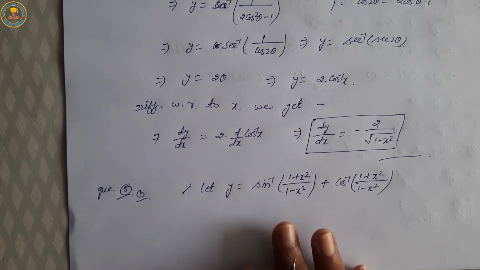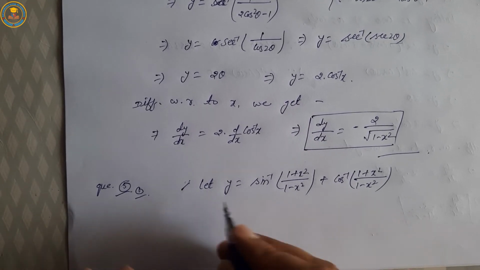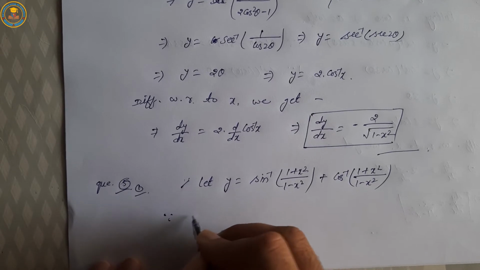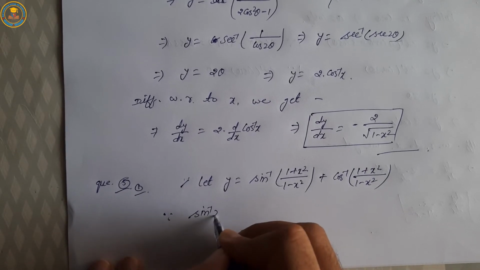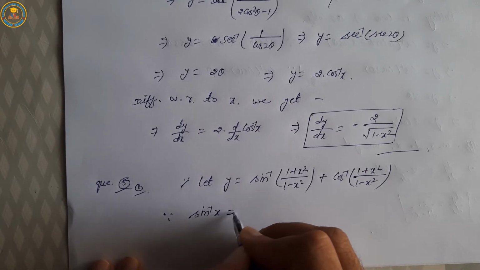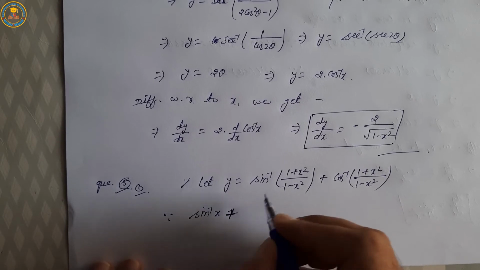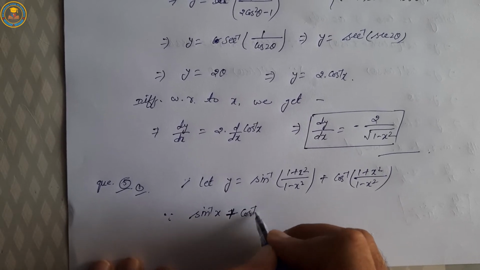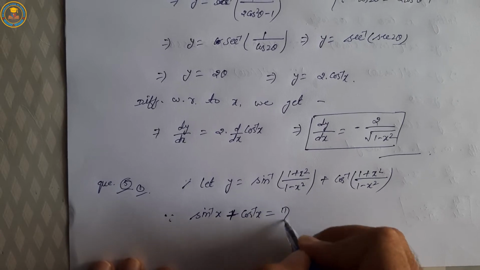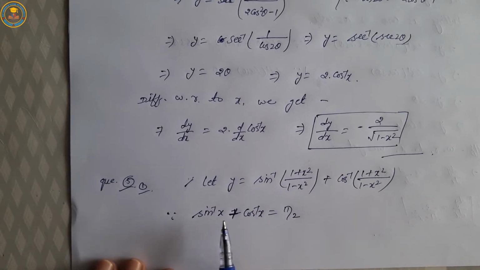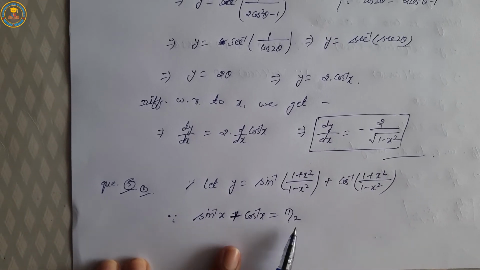Apply the formula: sin inverse x plus cos inverse x is equal to pi by 2.